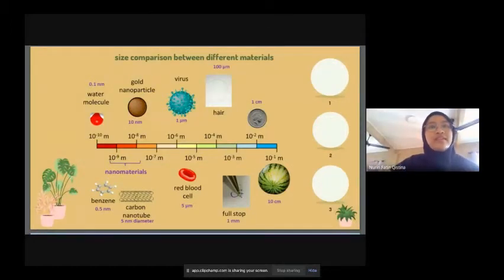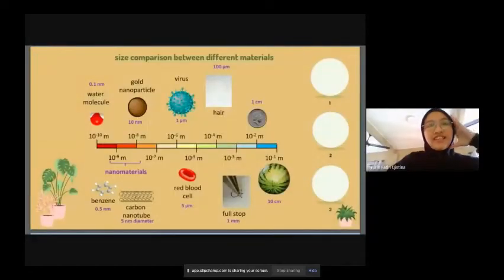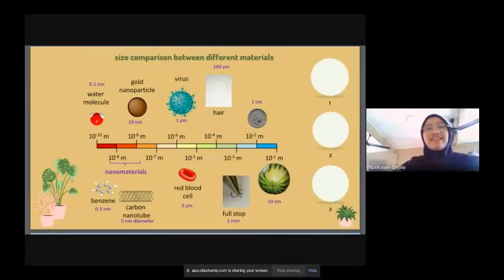So these are examples of nanomaterials such as carbon nanotube and benzene. So we know that graphene sheet is nanoparticles, but actually benzene is a smaller scale than the graphene sheet.